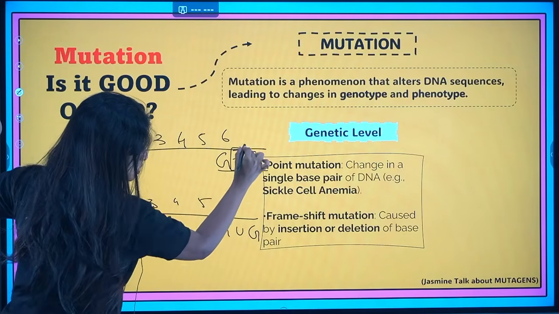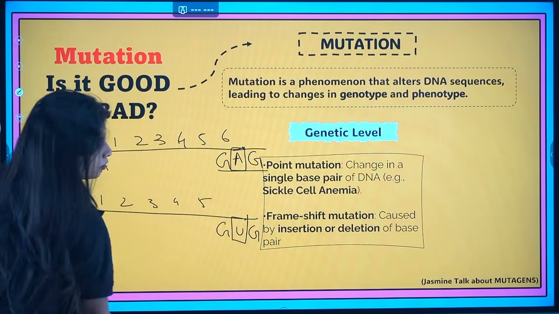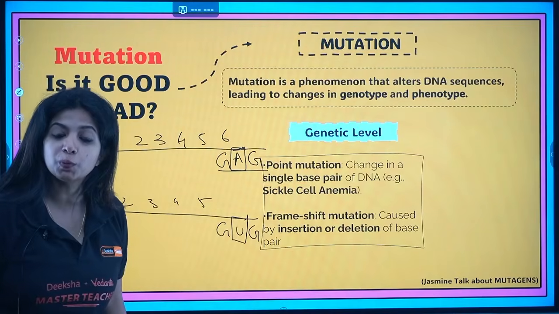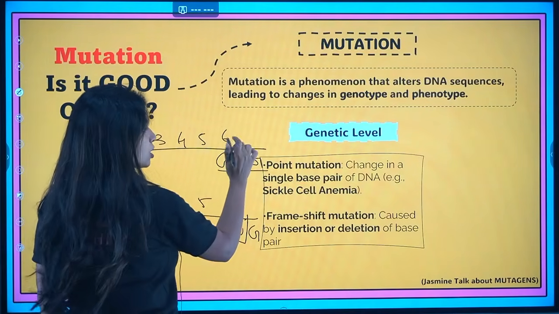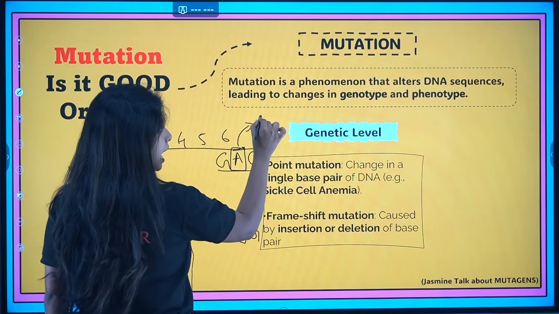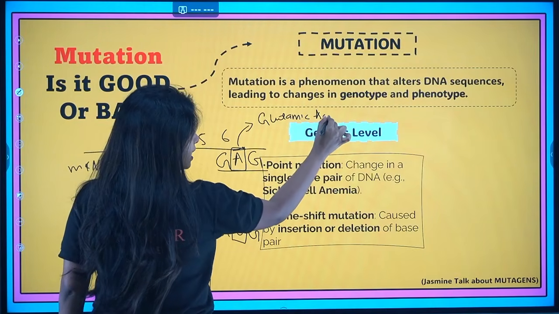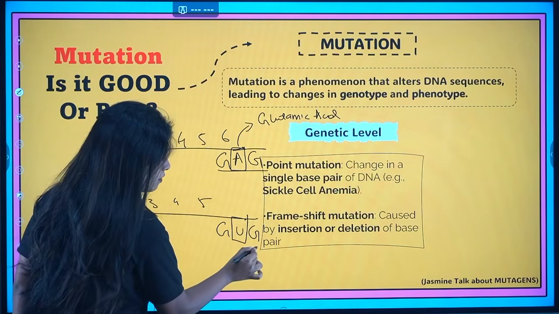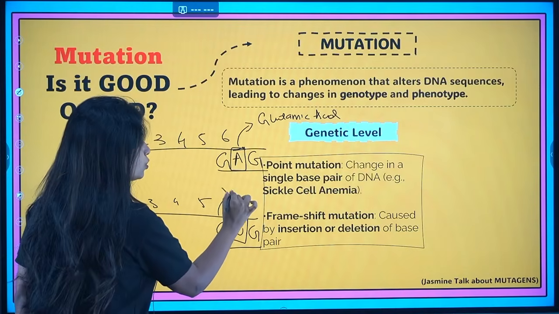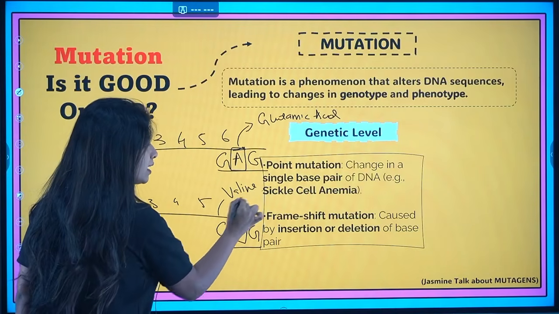So A which was there, it is now changed to U. These codons code for amino acids, and here it was coding for an amino acid, that is glutamic acid. But now, since you have a different combination altogether, it is going to code for another amino acid that is known as valine.